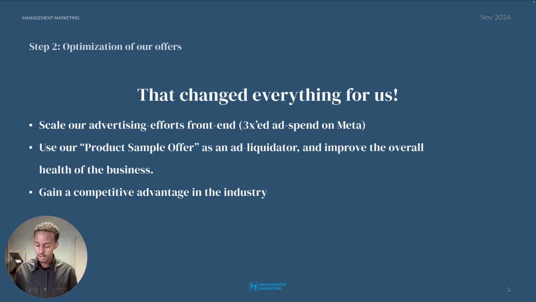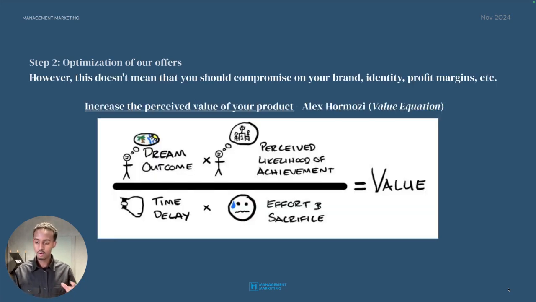And when we essentially acquire that large order of high AOV, the only thing that the owner has to pay is obviously for the goods sold. So we essentially don't have to pay any advertising spend, and that has overall increased the profitability of the company a lot. And the company is a lot healthier now, because we can use this as an ad liquidator and also gain a competitive advantage in this industry specifically, which obviously has allowed us to capture more market share.